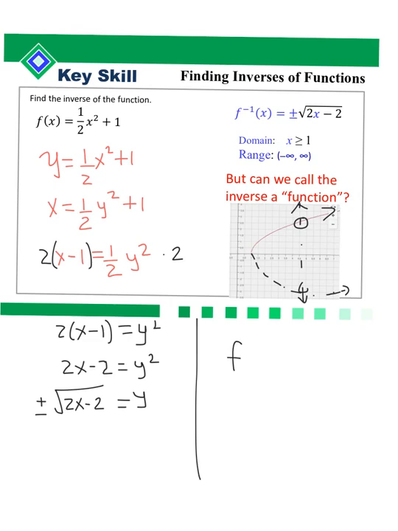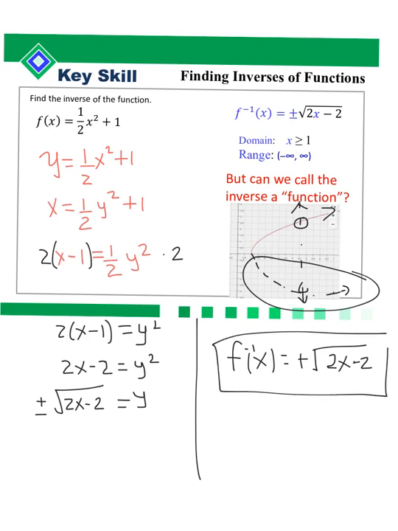So the inverse can only be the positive part, which is going to be the square root of 2x minus 2. And this is the one shown here in red.